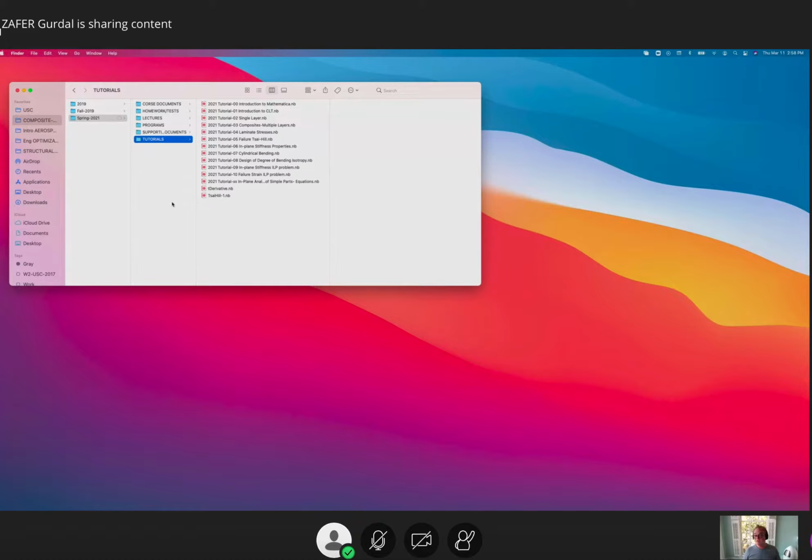So instead, I'm going to be using the number of zeros and number of plus minus 45s as the design variables for my implementation. Also, in terms of the failure criteria, you've been using psi Hill, and what I will do is probably I will demonstrate this for max stress, max strain type of approach.